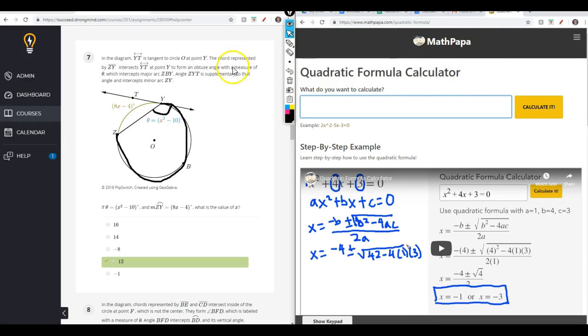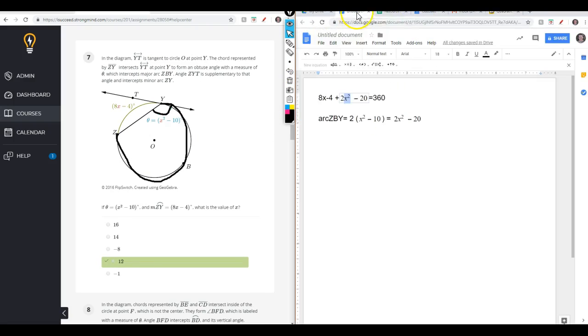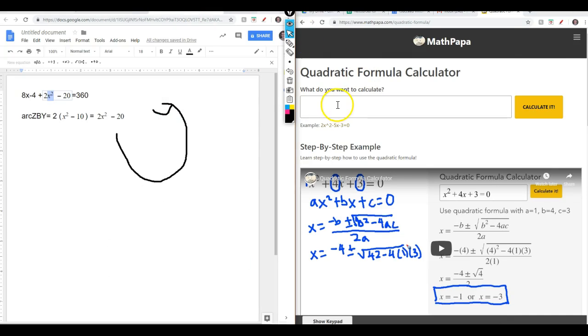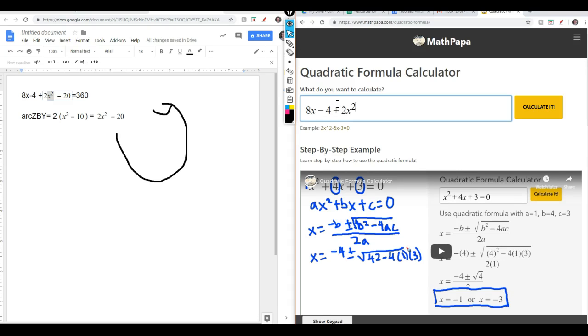So in the announcements tab, there's a website resources, and it has a quadratic formula calculator. So I would just copy 8x minus 4 plus 2x squared minus 20 equals 360.